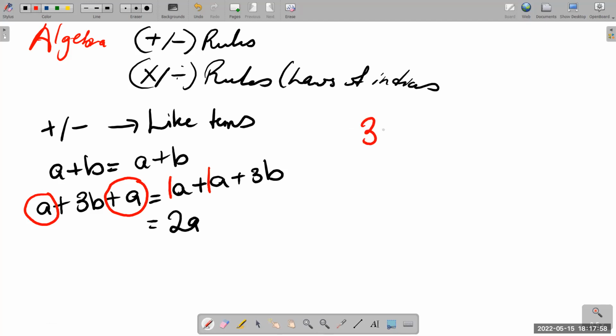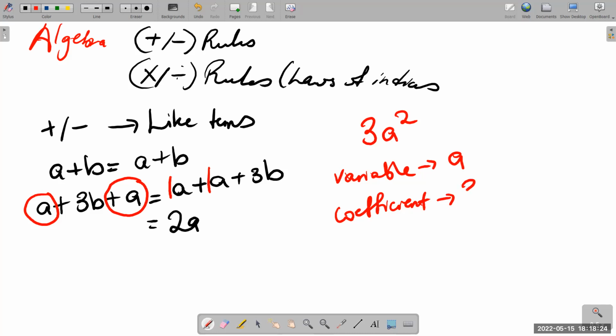So I want to take an opportunity to remind you about certain things. If I have 3A squared, what is the variable? What do we call the variable? Who is the variable? Excellent. A is the variable. Who is the coefficient? 3.